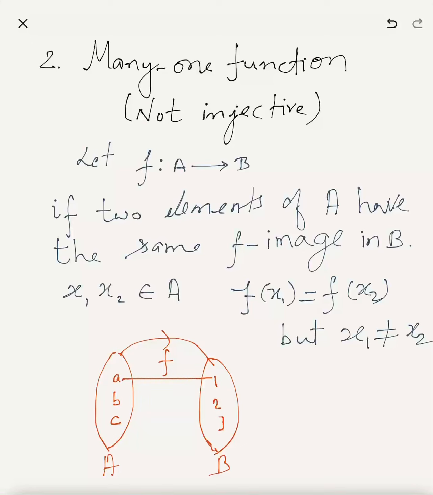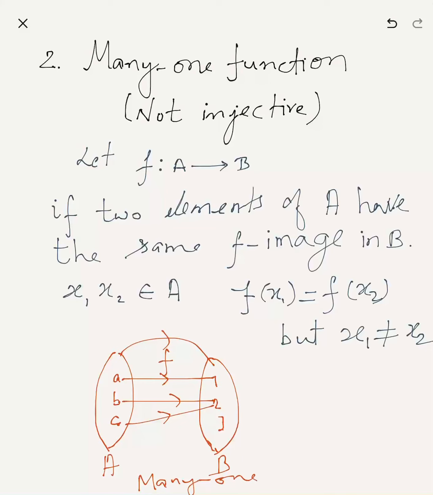Suppose A has got the f image 1, and B and C have got the f image 2. So this is a many-one function. From B and C we can see many are going to only one output. So you can say this is many-one.